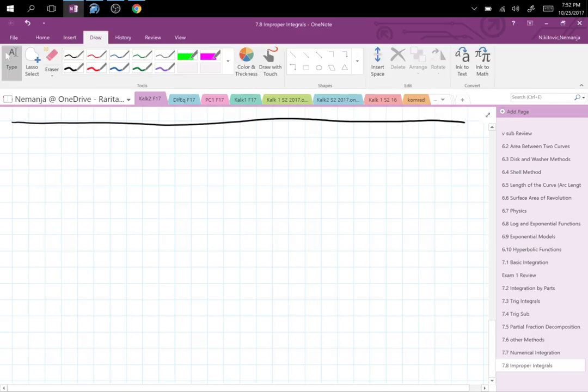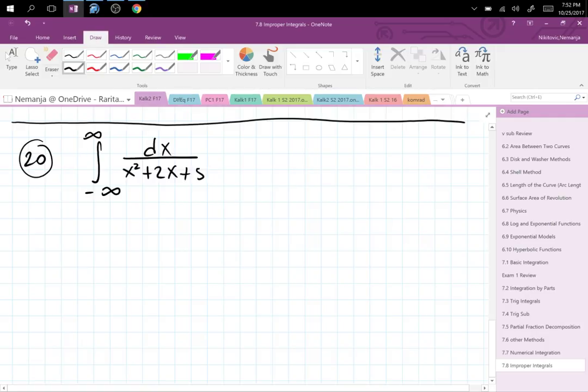So this is problem 20 from the textbook, and it's negative infinity to positive infinity, dx over x squared plus 2x plus 5. Now, here's the issue.